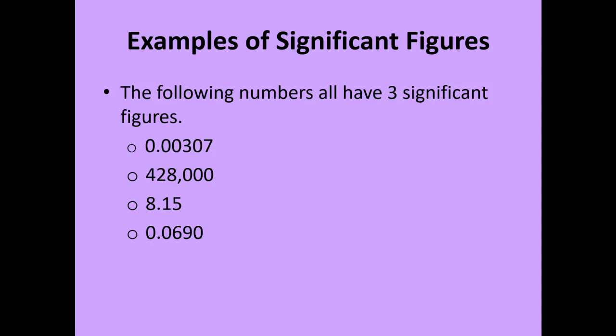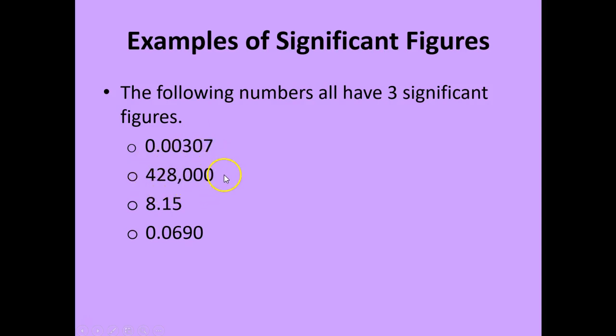So here are some examples of some things that can give people confusion, because what I've done here is list a series of numbers that all have 3 significant figures. You'll recall that leading zeros are never significant. Zeros between non-zero digits are always significant. So this one has 3 significant figures, the 3, the 0, and the 7.